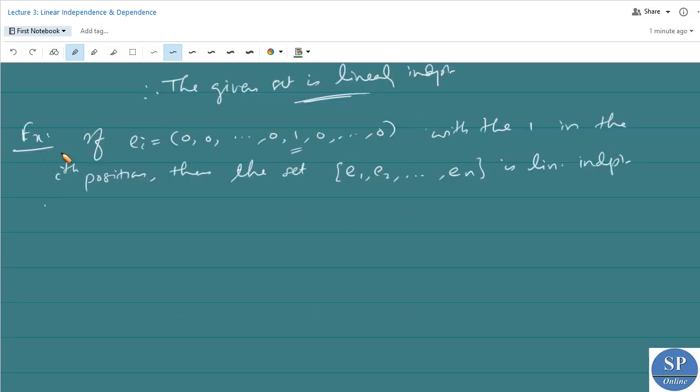To prove this, we can suppose that c1 e1 plus c2 e2 plus etc. plus cn en is equal to 0.